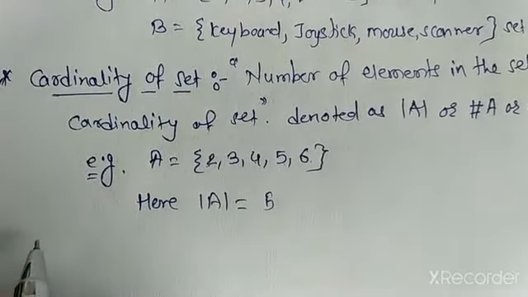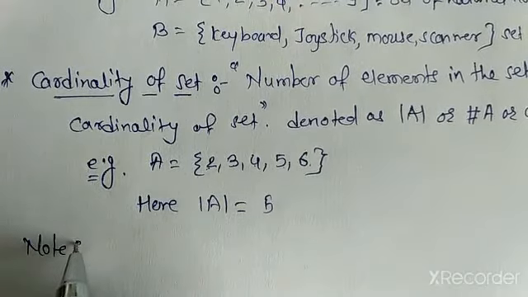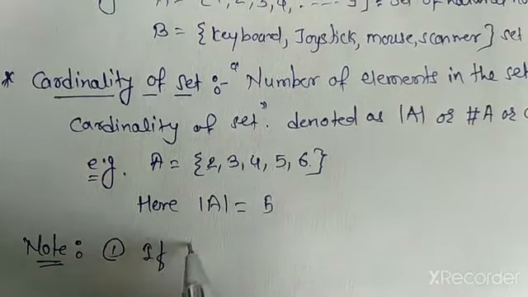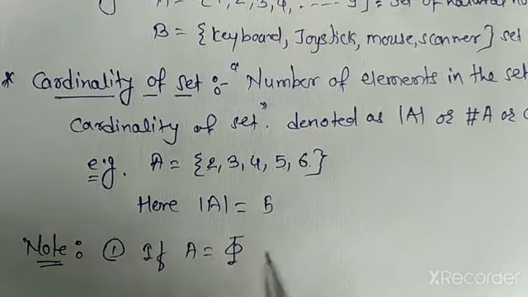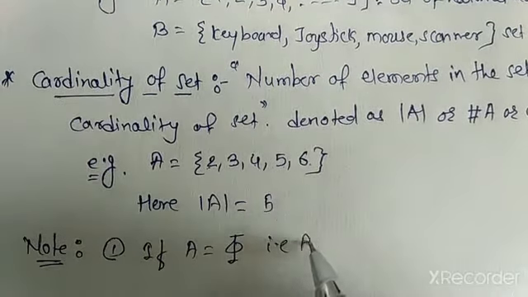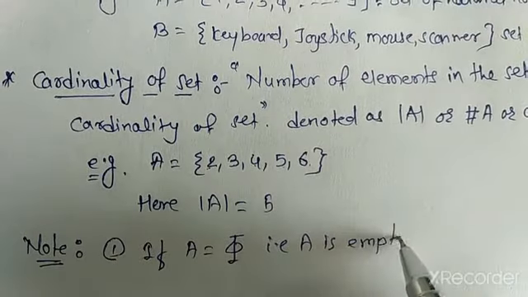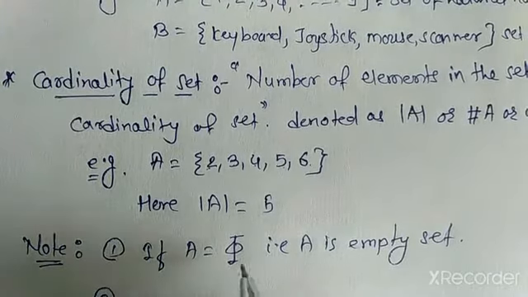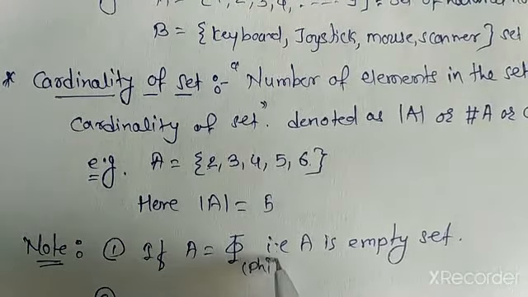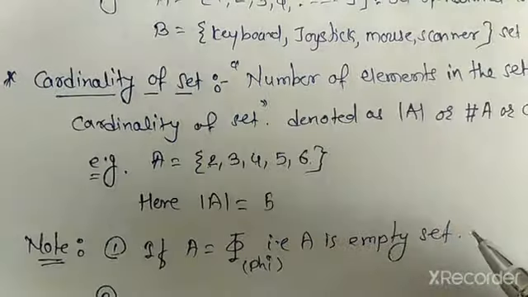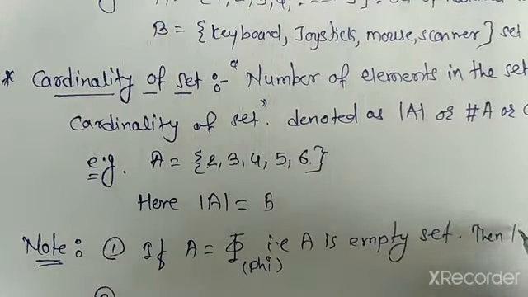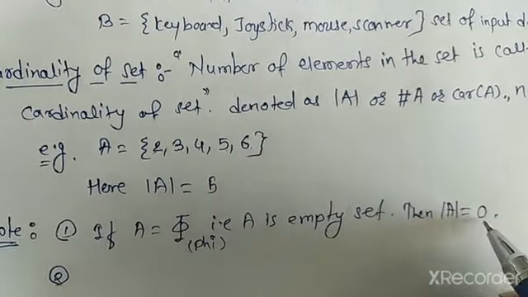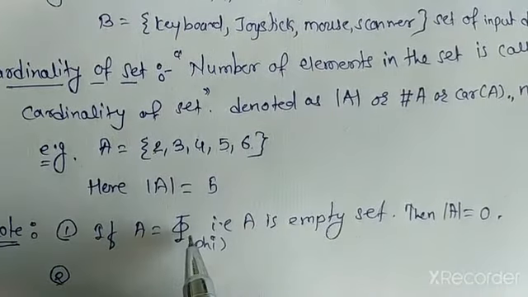Next, if A is an empty set, denoted by phi, then the cardinality of A is equal to 0. Cardinality of A will be 0 if the set is empty.